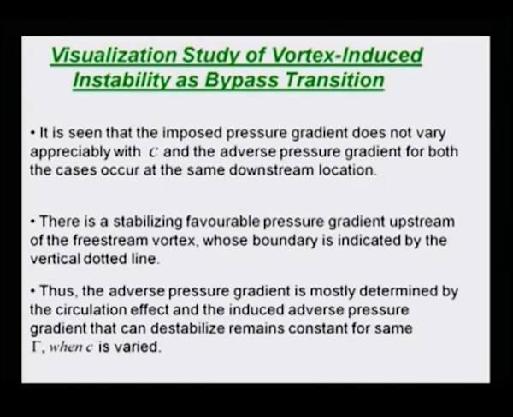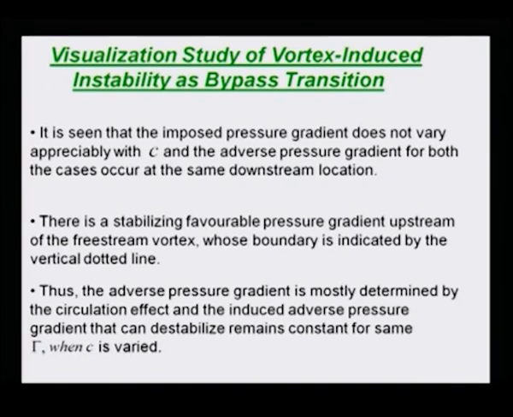What we notice from that figure is that the imposed pressure gradient does not vary appreciably with C. An adverse pressure gradient for both cases occurs at the same downstream location. However, case 2 showed no receptivity, case 1 did show.